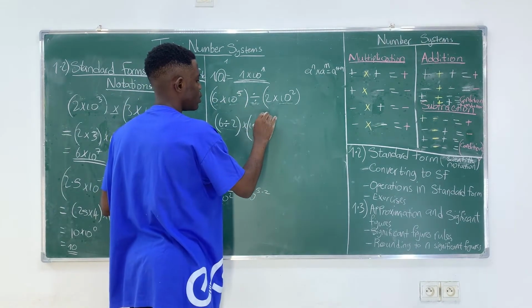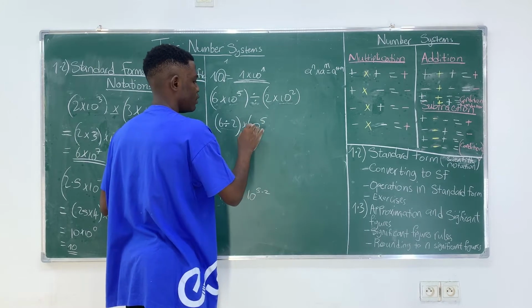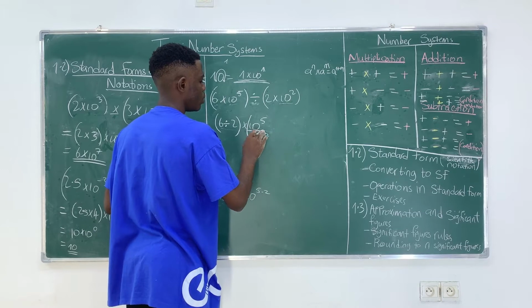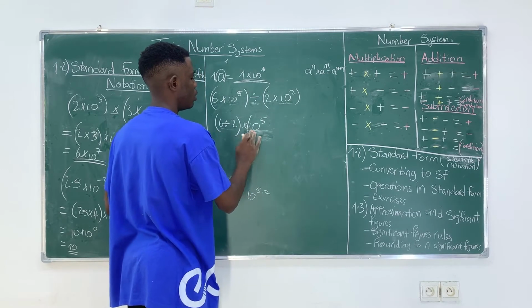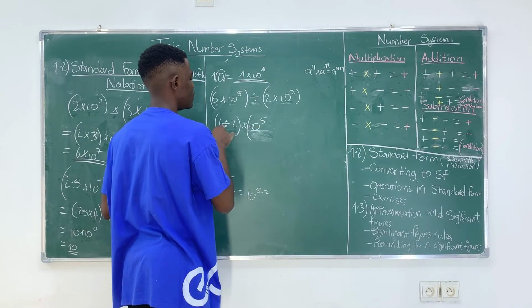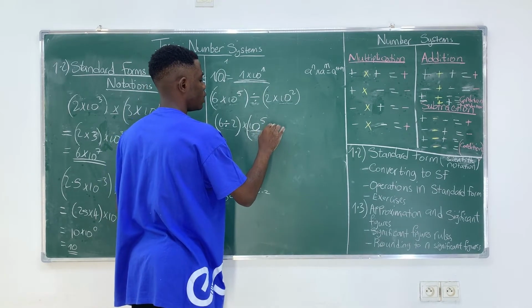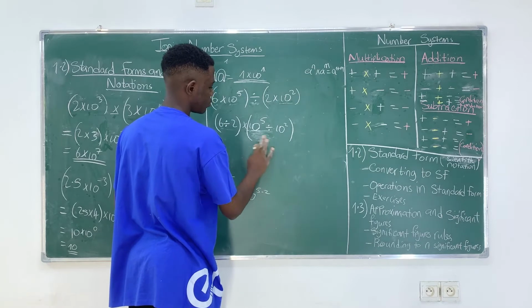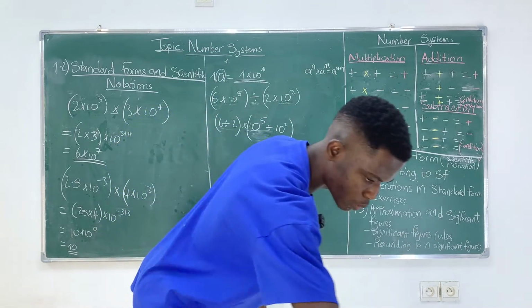Okay, let me even write it. 10 to the power 5 divided by 10 to the power 2. We want to keep the same division sign like I did here. Divided by 10 to the power 2.